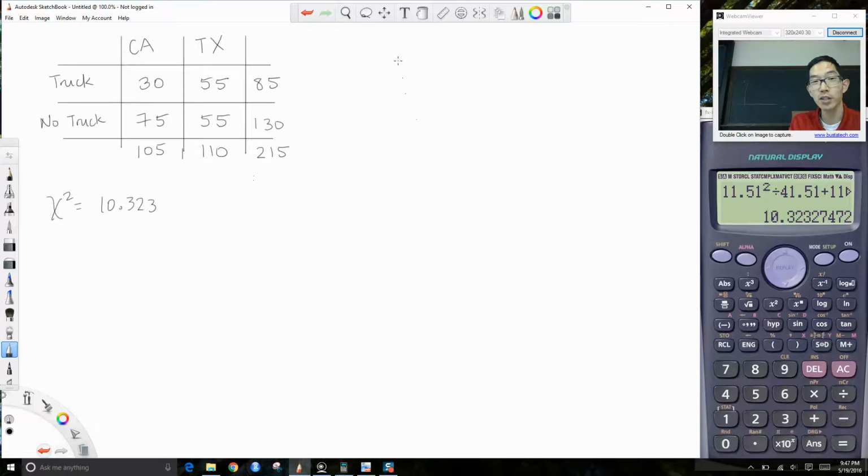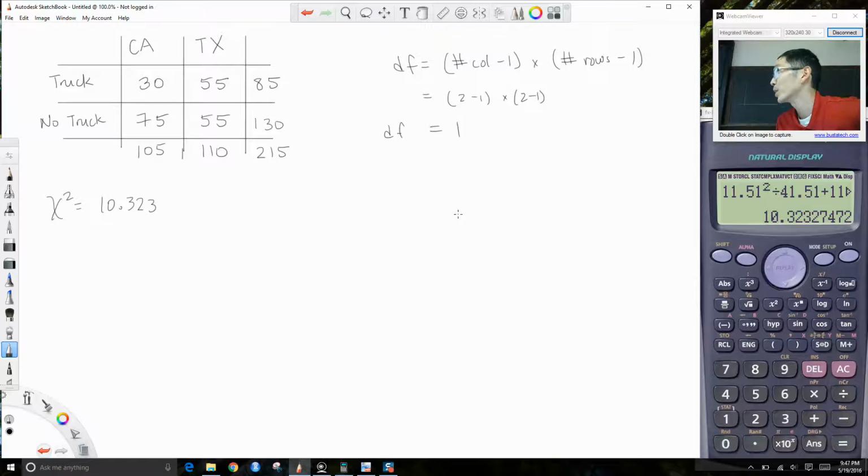The degrees of freedom, when we look this up in the table, is going to be the number of columns minus 1 times the number of rows minus 1. So for a 2 by 2 table, it's 2 minus 1 times 2 minus 1, which gives you 1 degree of freedom.